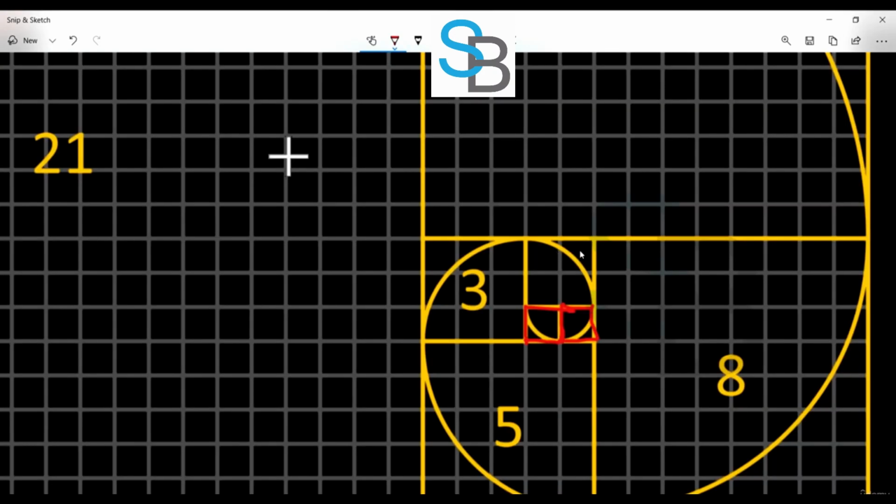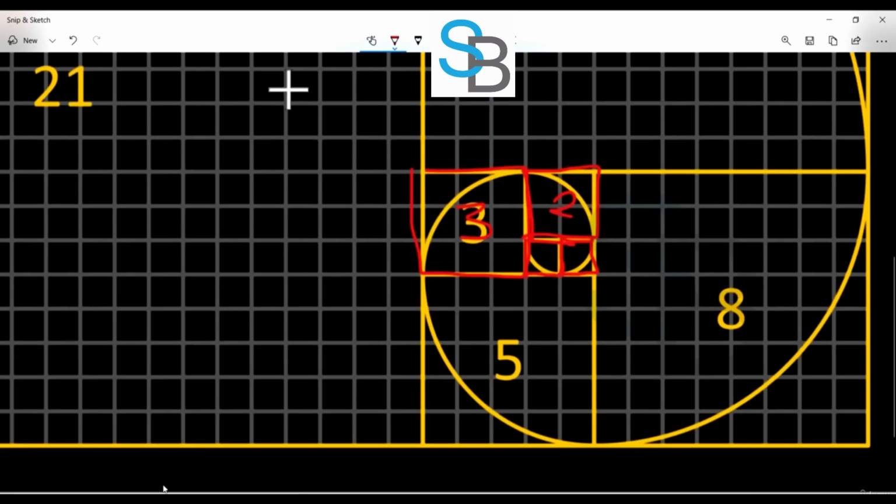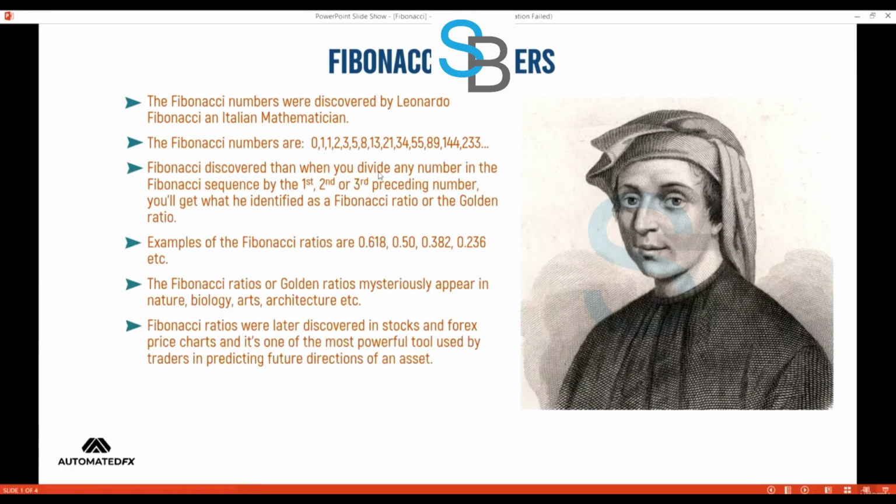For the next shape, we have 2 boxes here, 2 boxes there, making a shape like this. So this is 2. Now, the next one, we have 3. Now we have 1, 2, 3, 1, 2, 3, and then they make the shape like this. So we have 3. Now, the next number is 5.